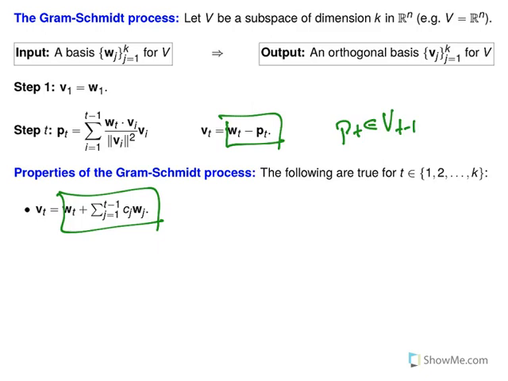So in particular, you can write it as a linear combination of the Wj's, because V(t-1) is the span of the Wj's from 1 to t minus 1. Like so.